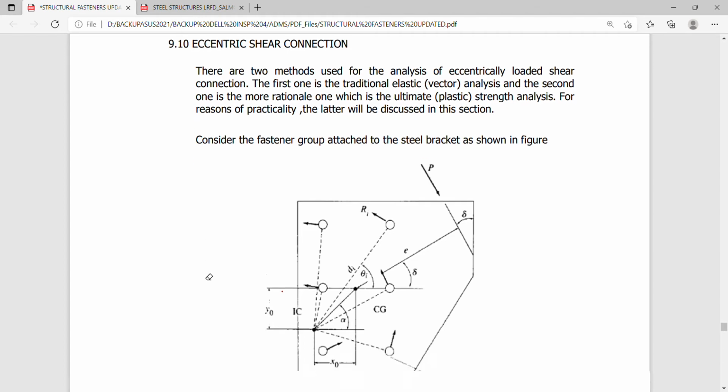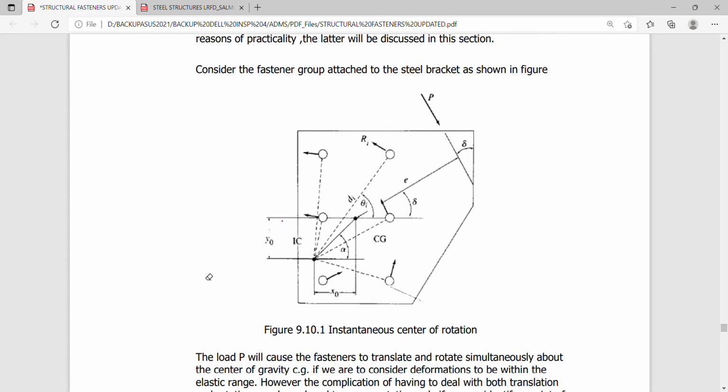So let's consider now a fastener group or a bolt group attached to the steel bracket as shown in the figure. So we have 6 bolts acted upon by a force P, which is arbitrarily oriented.